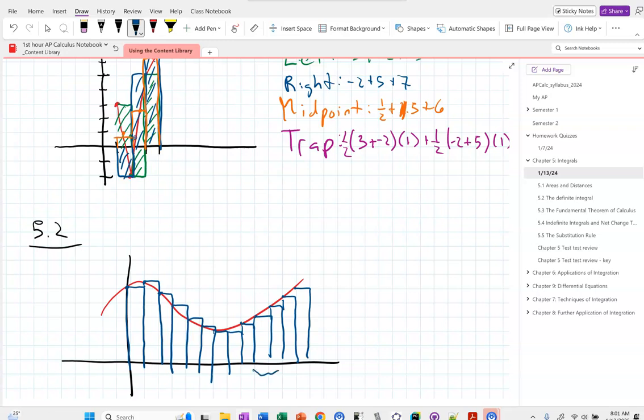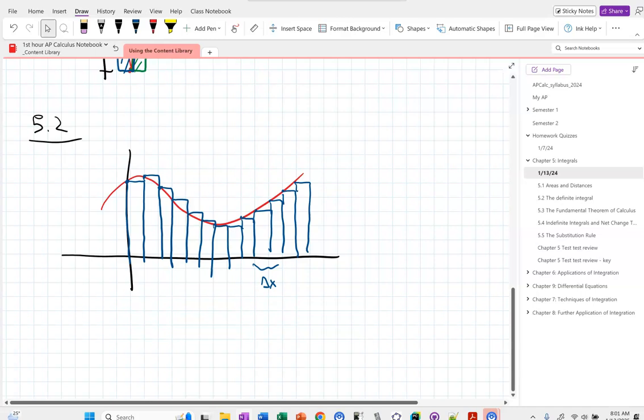Where this is like some width, right? So what we observed here is as the width of those rectangles gets smaller and smaller and smaller, our approximation gets more and more and more accurate, right?